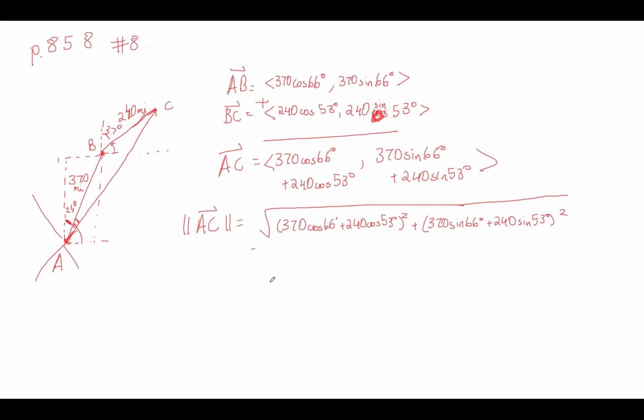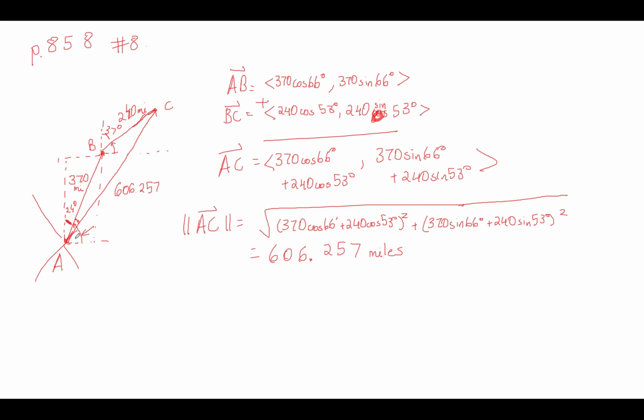So add this to my cosine bits, and then square root it, and you get 606.257 miles as my total distance. So that means this side is 606.257.